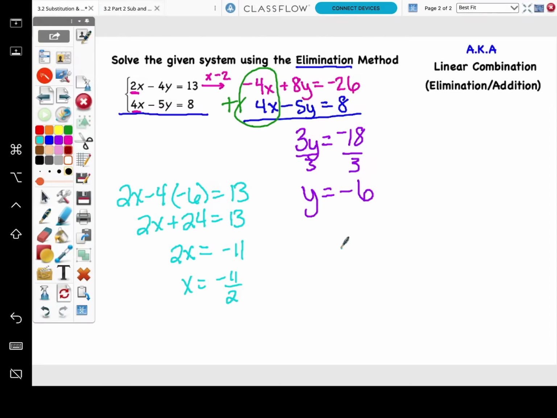And divide by 2. And I believe we get negative 11 halves. So our solution, always, of course, written as an ordered pair with x first, then y, or if they use different variables, alphabetical order. So negative 11 halves, negative 6.